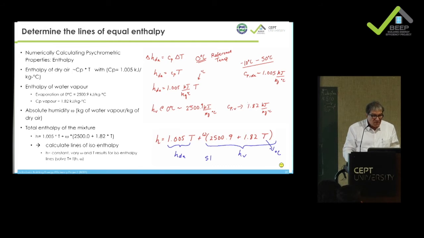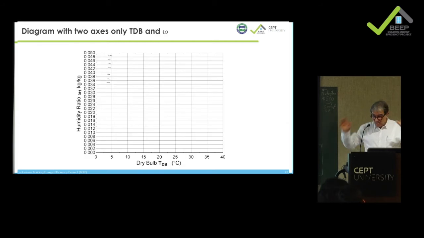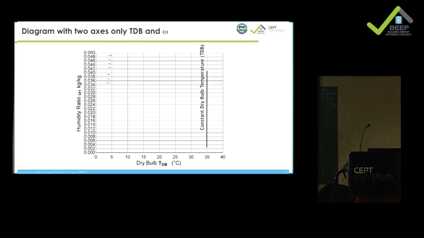So now, to start with, we take a completely empty diagram where we have only two axes. The first axis that you will see, the horizontal axis, where you have these vertical lines, is the constant dry bulb temperature. That means along here it's 30 degrees, along here it's 20, etc. So the dry bulb temperature you will see on this axis, but wherever you go it will be the same temperature along this vertical line.